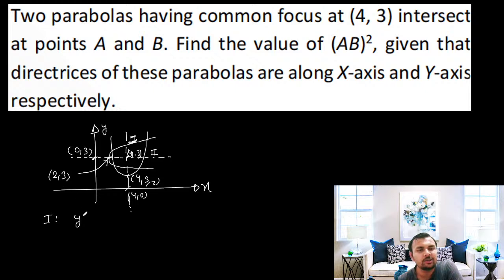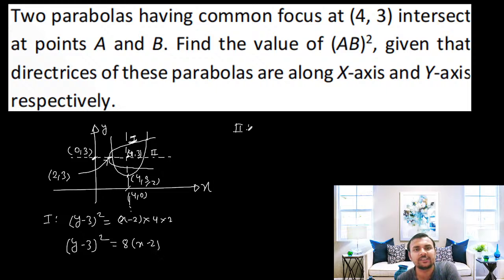So first is (y - 3) whole square, (x - 2) into 4a. 2a is 4, so a is 2. So it is (y - 3) whole square equal to 8(x - 2).